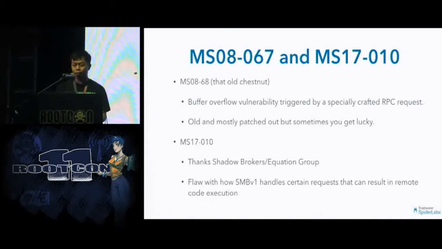It's old and mostly patched, but sometimes you can get lucky on some networks. The next one, MS17-010, was released recently, all thanks to the Shadow Brokers and Equation Group that we have this vulnerability. The flaw is with how SMBv1 handles certain requests, which can result in remote code execution.